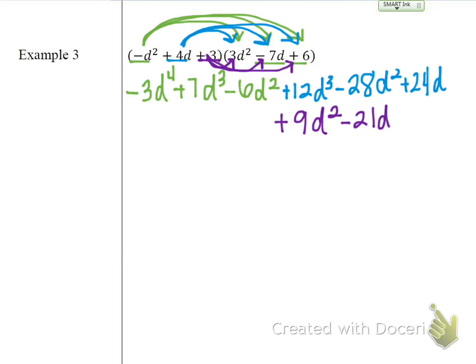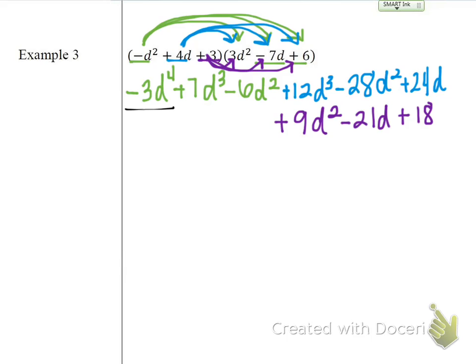And 3 times 6 is plus 18. If you did the boxes, you would line up the first parentheses across the top, the second one across the side, and multiply, and you would get all of these terms filled in the boxes. Okay? So then your last step would be to combine like terms.